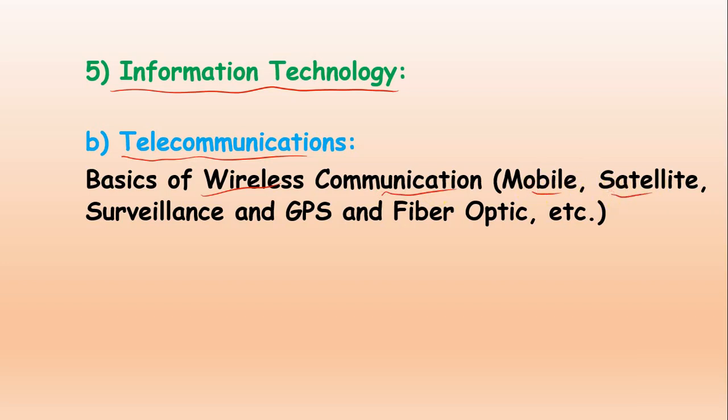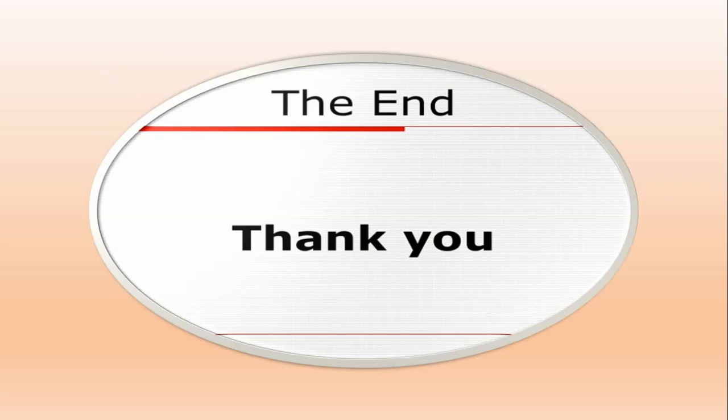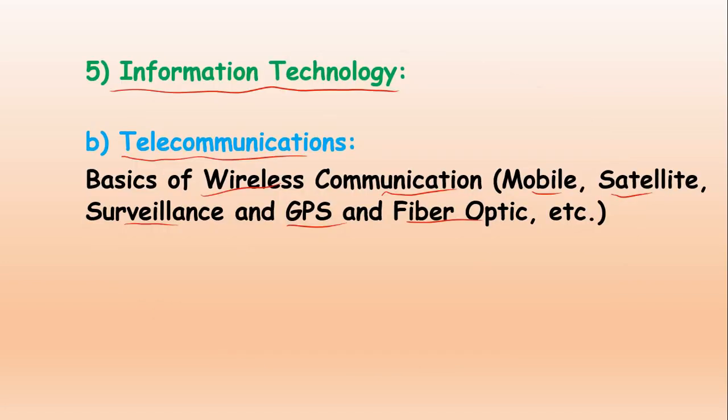These are different bases of the wireless communication, surveillance and the GPS and fiber optics. These are also very important topics. So this is the syllabus of the general science CSS examination, and we will discuss these topics in detail in our upcoming videos.